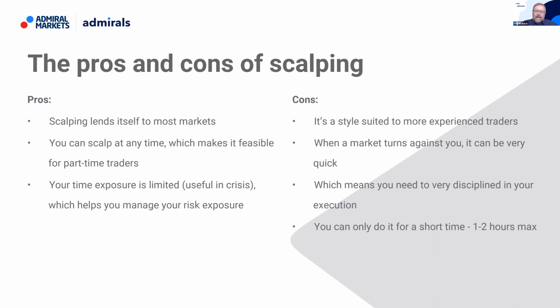When a market turns against you, it can be very quick, and that's very true. Admittedly, it might be said that when any market turns against you, it can happen very quickly, and there is a degree of truth in that. But when you're scalping, when a few pips here and there are the difference between success and failure, that can make a big difference.